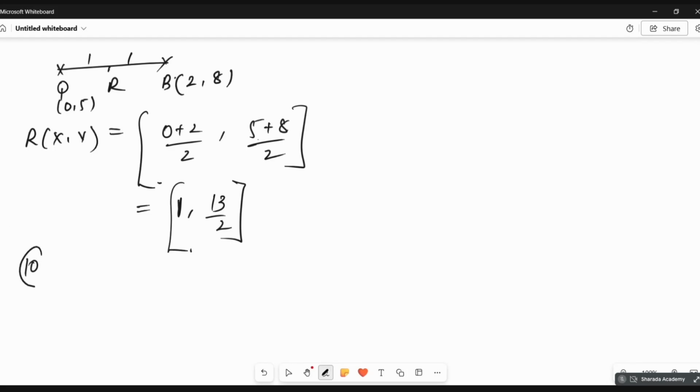10th question now. Listen here. Find the area of the rhombus if its vertices are given, and you have to take them in an order. When you are taking the points, be careful that you are taking them in an order. If you change the order, the answer will be different. So it is a rhombus.